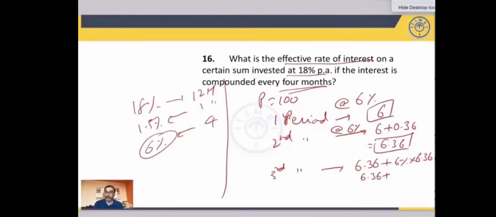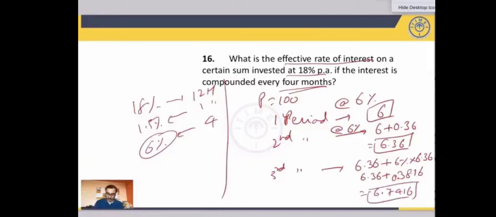That will be how much here? 6 into 6, that is 36, 36 plus 216. So how much will you get here? 3816 with 4 decimals, so it will be 0.3816. So how much will we get here? 6.7416. This is the interest for the third period.